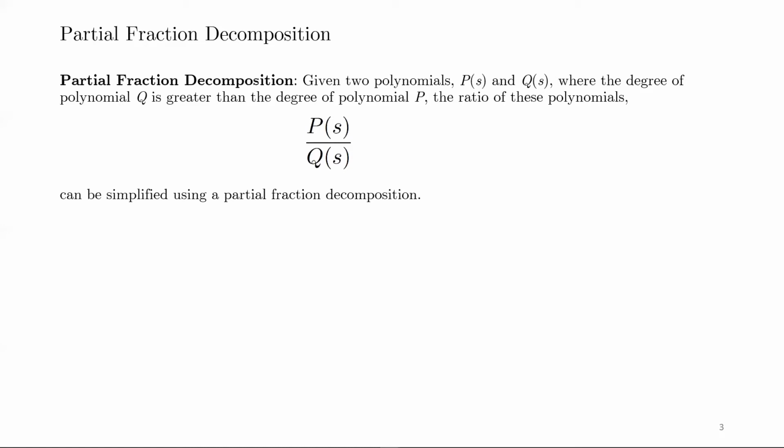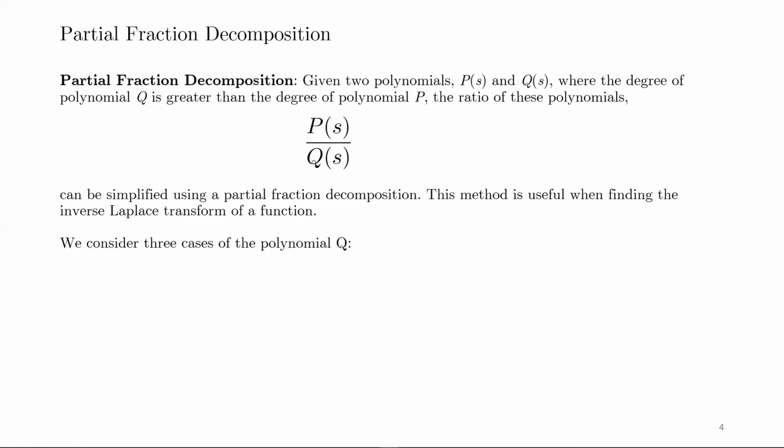If it was the other way around, you could just simplify this using long division, right? So if you had a quadratic on the top and a linear polynomial on the bottom, then you would just simplify that using long division. But if the degree of q of s is greater than the degree of p of s, then we're going to simplify this using partial fraction decomposition.